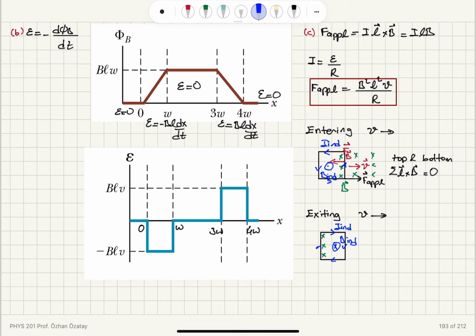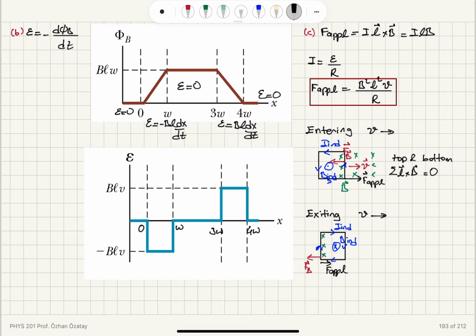And if you follow the L cross B, this direction of this current is the direction of the L vector. L cross B is now pointing to the left. That's the direction of the magnetic force, which means the applied force should be pointing to the right again in order to keep the velocity constant.